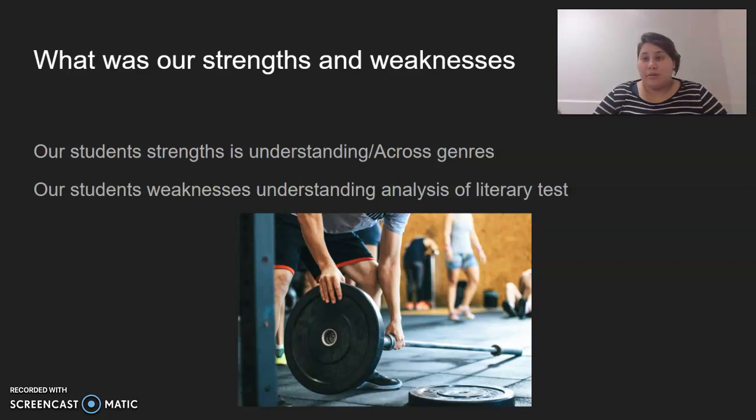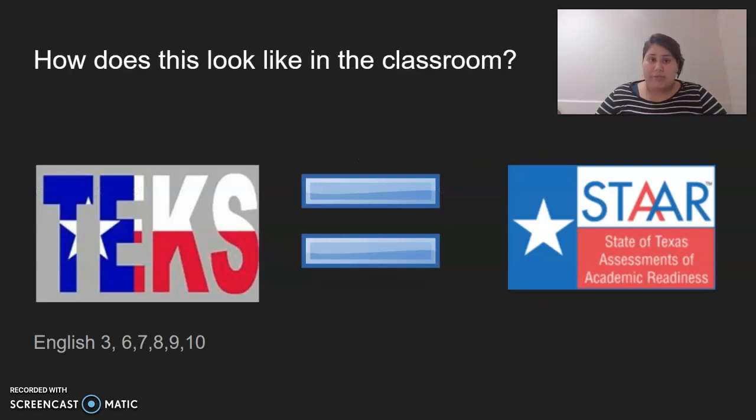What makes the difference between a fable and a fairy tale? That's where our students were struggling last year: being able to summarize, tell us the plot of the story, tell us the main characters, things along those lines.